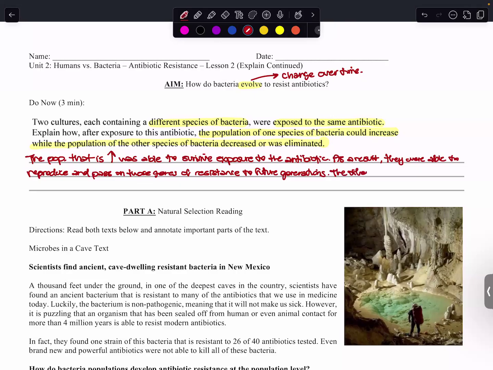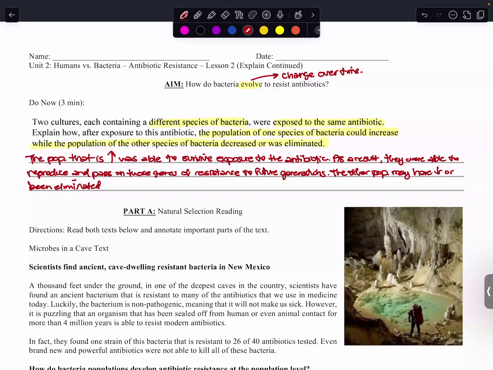The other population, pop for short, may have decreased or been eliminated. There we go.